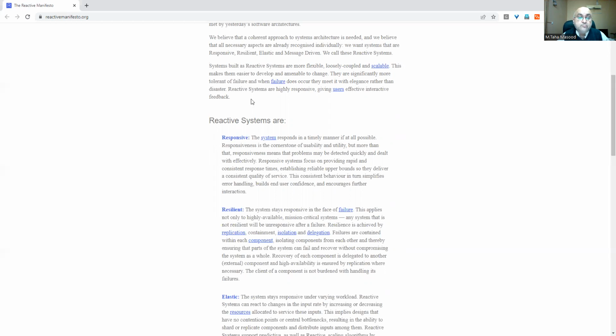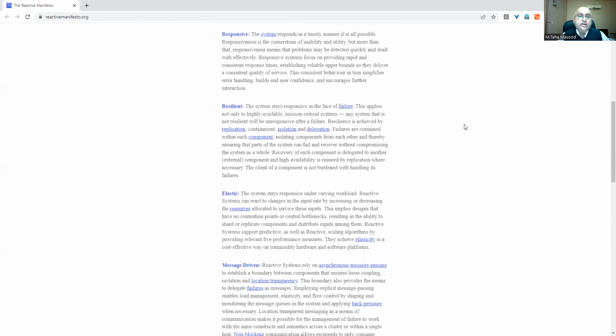They are significantly more tolerant of failure. And when failure does occur, it inevitably does sometimes, they meet it with elegance rather than disaster. Reactive systems are highly responsive, giving users effective interactive feedback, right? Okay, so we'll cover these in more detail.